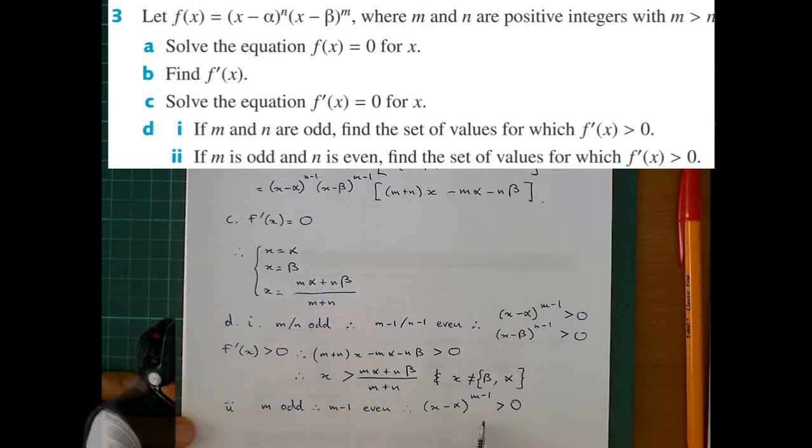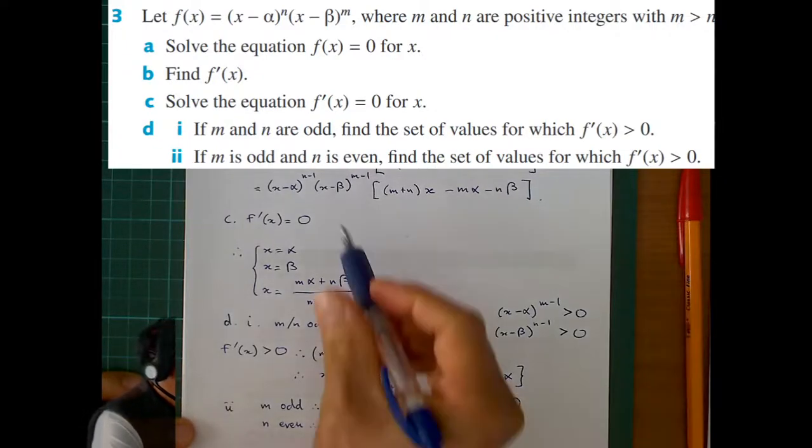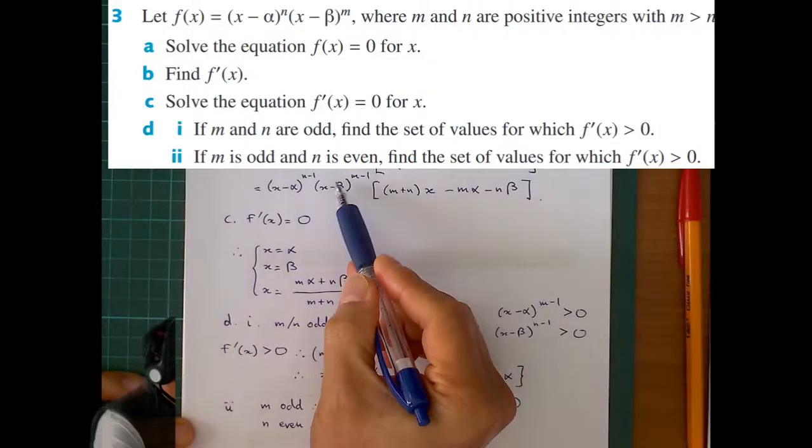So that's positive. So we can ignore that positive factor. Now if n is even, is that right? It means n minus 1 is odd. It means that being odd, we need to look at the sign of that as well.